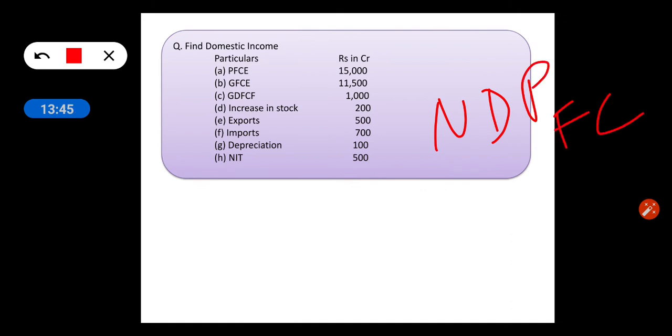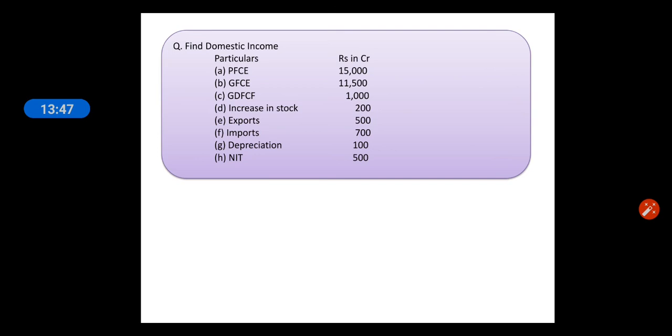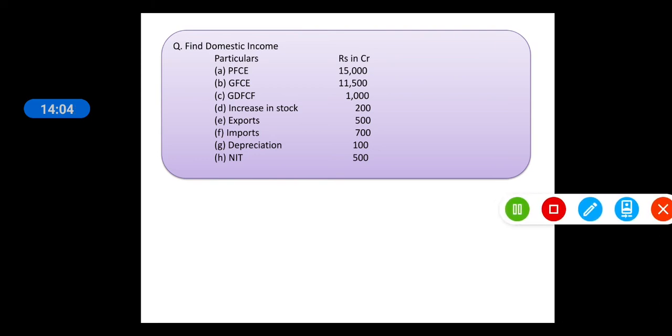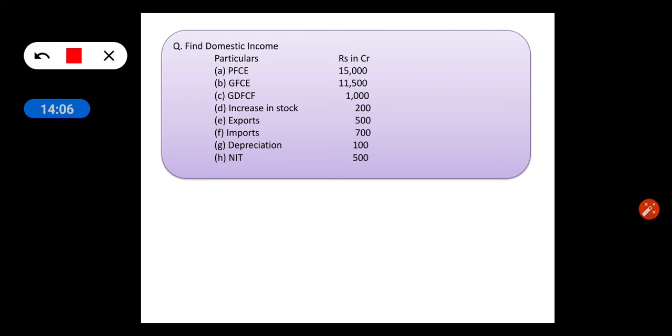Now let us start the calculation. Like I have mentioned earlier, we are going to find the value of GDP at MP, and the formula of GDP at MP is PFCE plus GFCE plus GDCF plus net export.